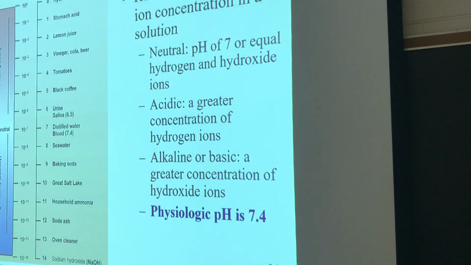Log of 0.01? Negative 2. Right? Kind of easy, right? So what happens? Well, the log of 0.1 is negative 1. We take the negative of that, the two negatives cancel, my pH is 1. Strong acid, right? We know that because of the concentration.